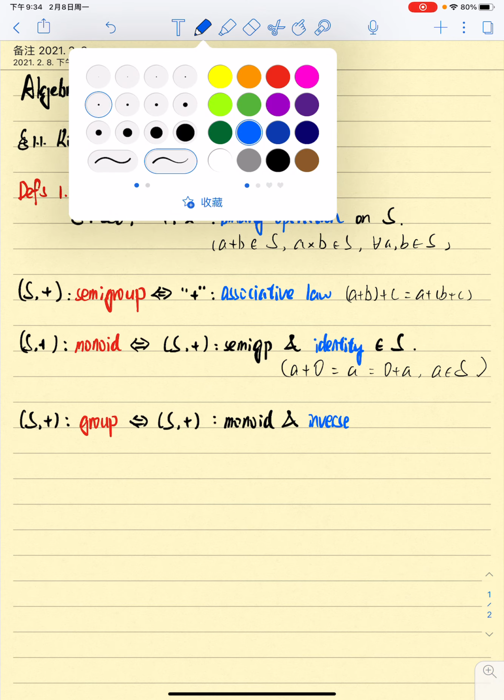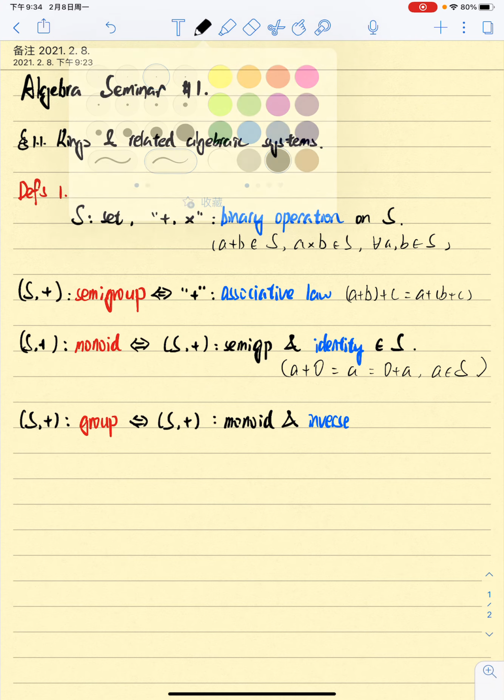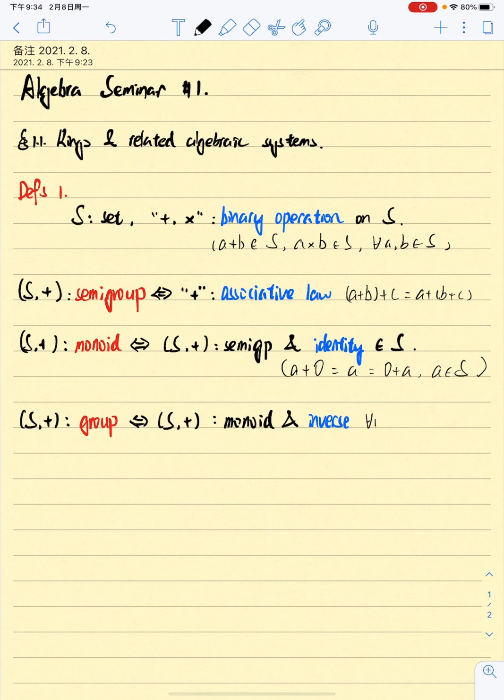The inverse means for every non-zero element A, there exists some minus A in S, or normally there exists B in S such that A plus B is the identity.